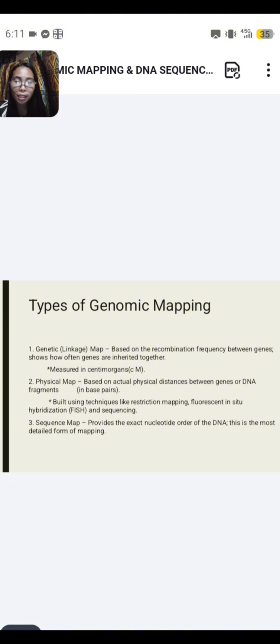So the next is types of genomic mapping. There are three: the genetic or linkage map, the physical map, and the sequence map. The first type is the genetic linkage map. It is based on recombination frequency, which shows how often genes are inherited together.